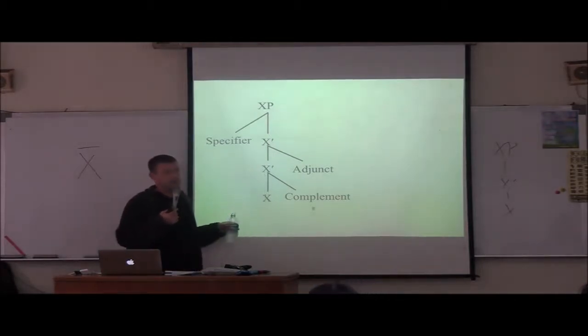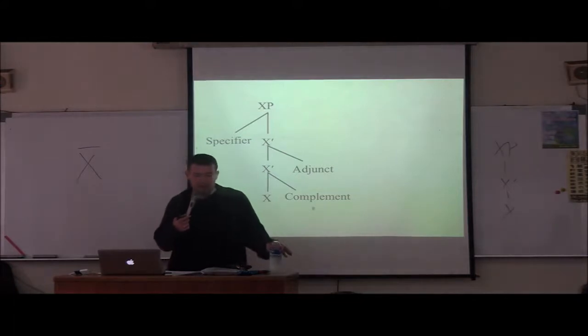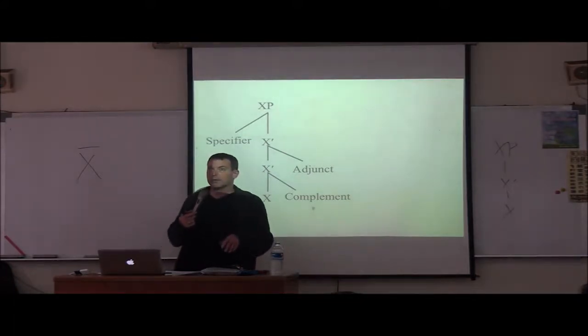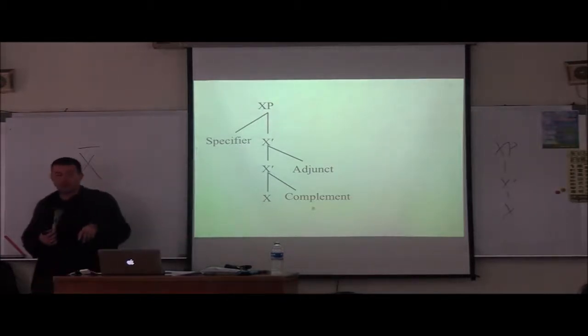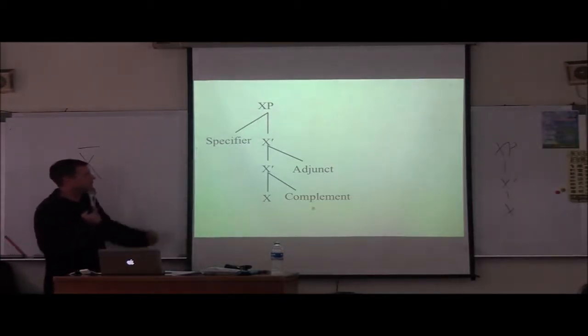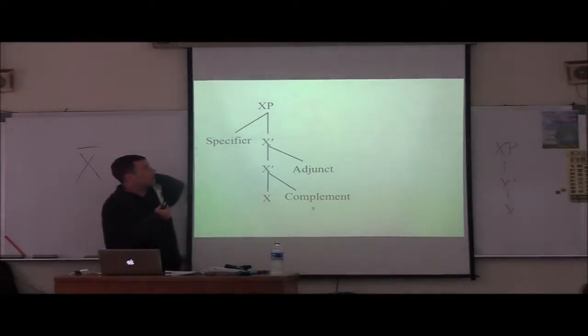So every phrase will have at least one X bar. And the total number of X bars in a phrase will be equal to the number of adjuncts in the phrase plus one. So here we have an adjunct, so there's two X bars. One adjunct, two X bars.